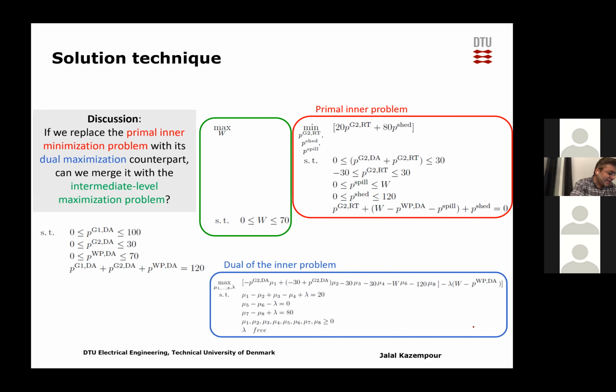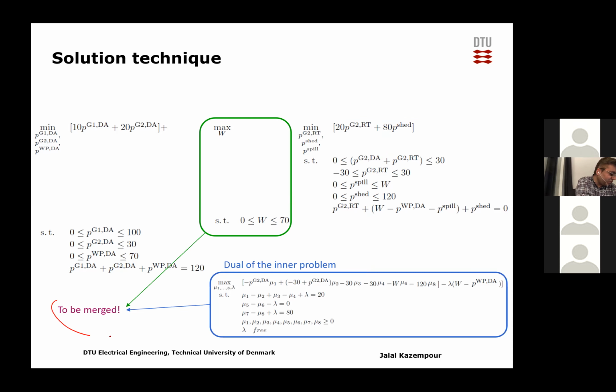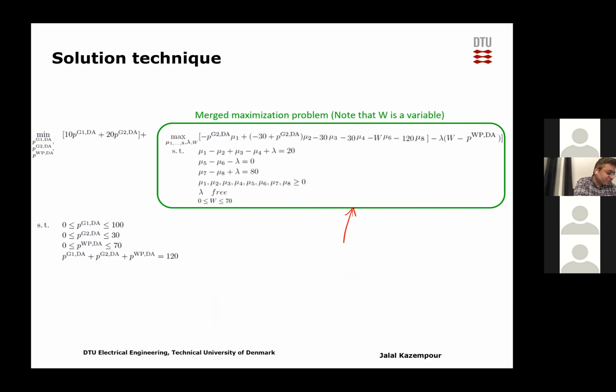And then, I mean, this is all the explanations. Now we can get rid of this. We can use this. It's max, max, so we can merge them. So we merge these two. And now we ended up with this problem. Now we have a min max problem.